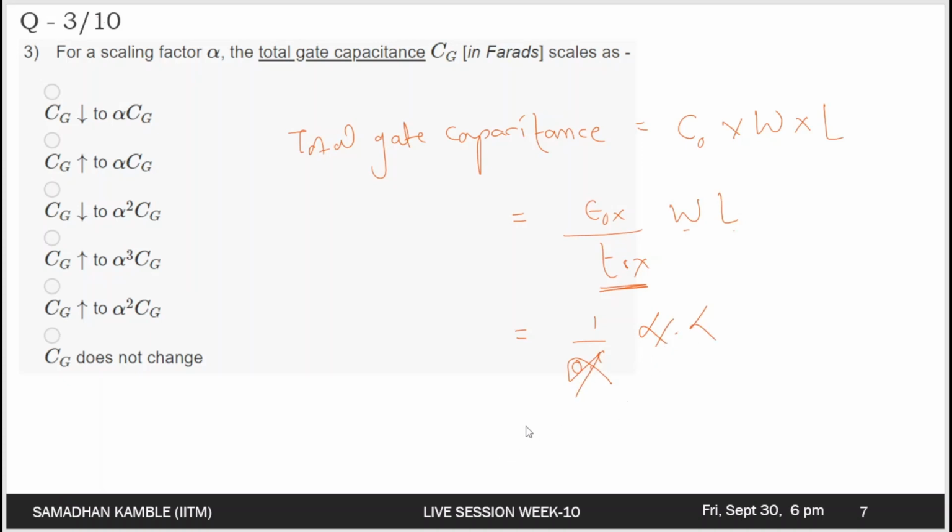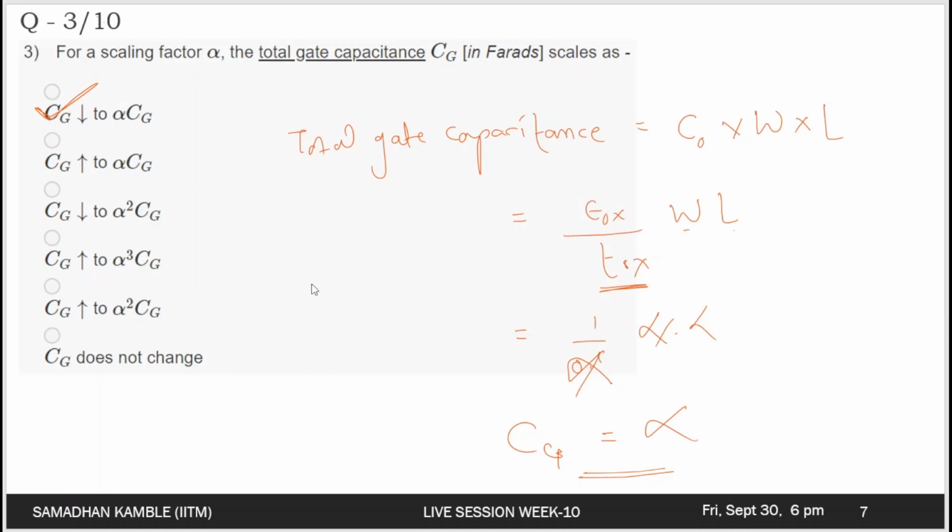So the total capacitance Cg is also scaled by a factor of alpha. It reduces by this particular factor, because this particular factor is less than 1. So Cg reduces by around 30%, the total gate capacitance.